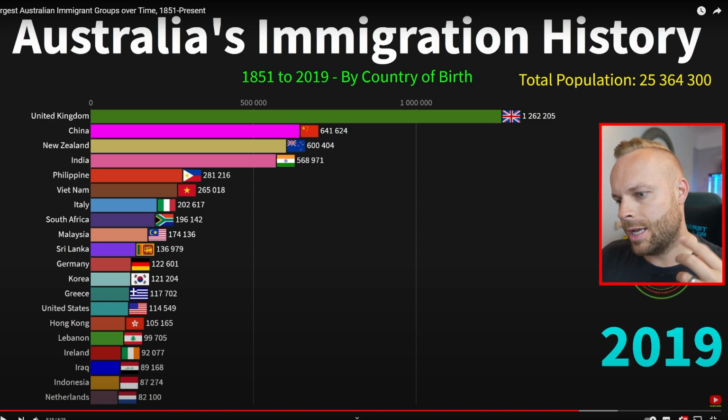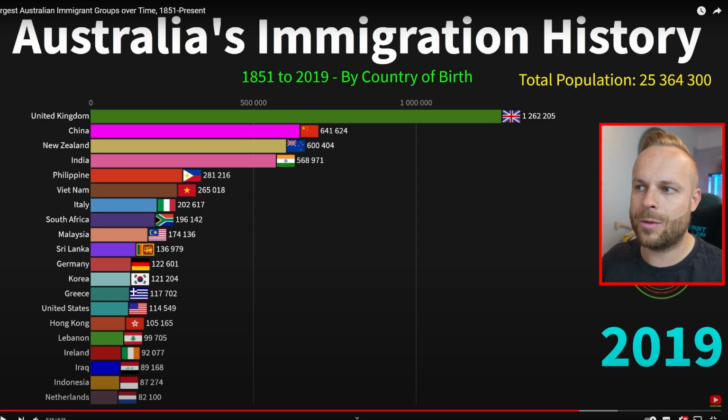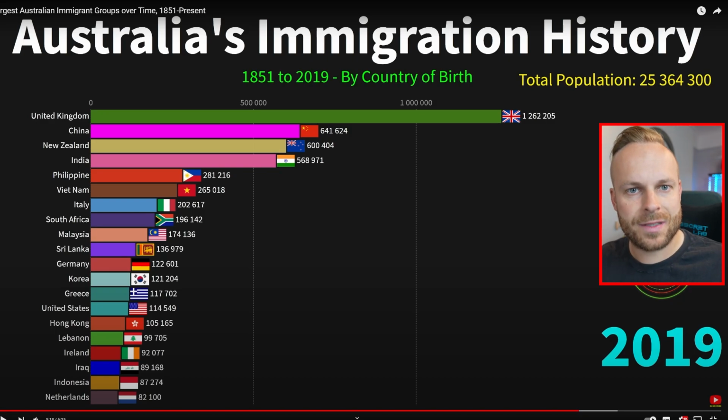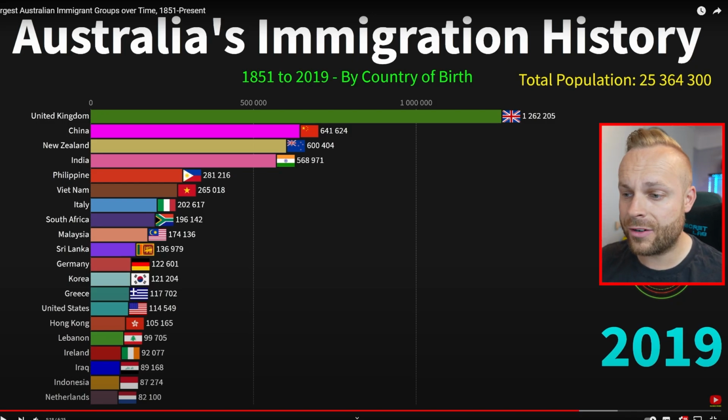But from over here in the UK, we would see Australia as a very white country. And clearly that's not the case, but that's perception. Now you're getting Chinese, Indian, Filipinos, Vietnamese, even South Africans going there, Malaysians, Sri Lankans.